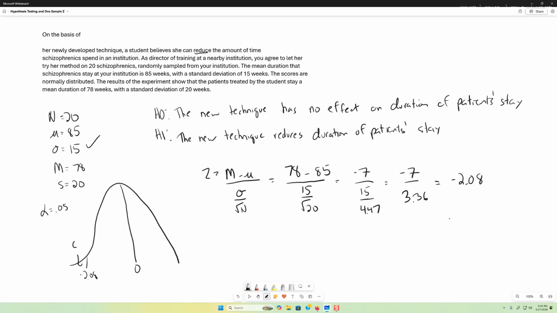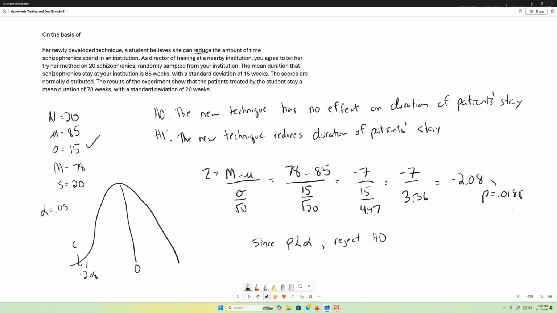So our p-value is 0.0188. Is that less than 0.05? It is. So since p is less than alpha, we reject the null and support the alternative that the new technique reduces duration of patient stay.